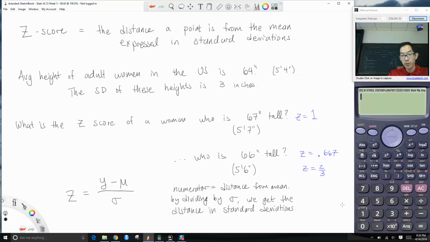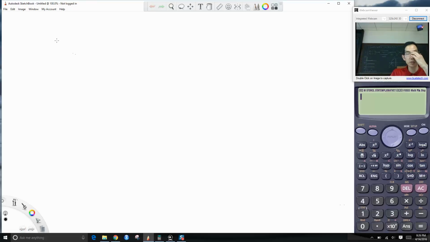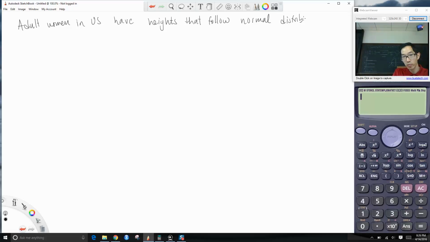Okay, and then we can also just flip the questions around. So we'll say again, if I want to say adult women in the United States have heights that follow the normal distribution with mean equal to 64 and standard deviation equal to 3, there's a shorthand way I can say this.